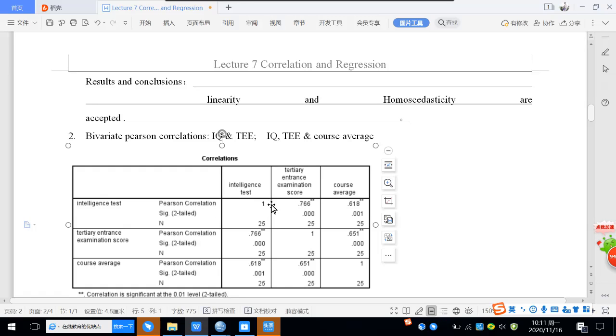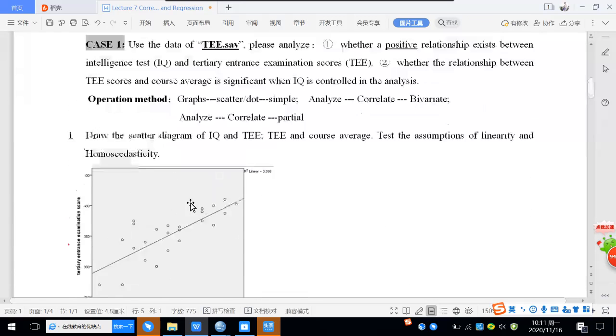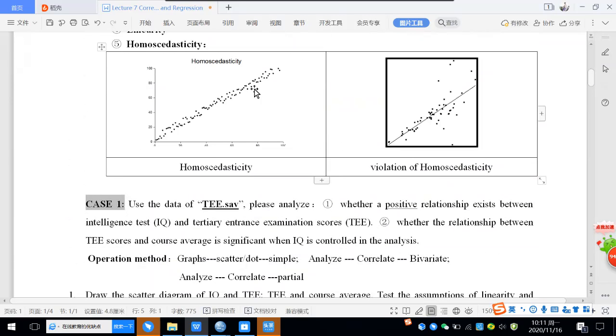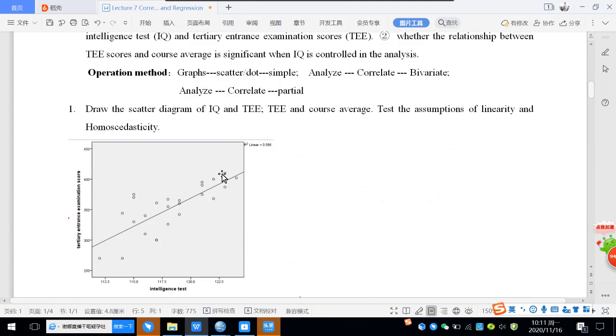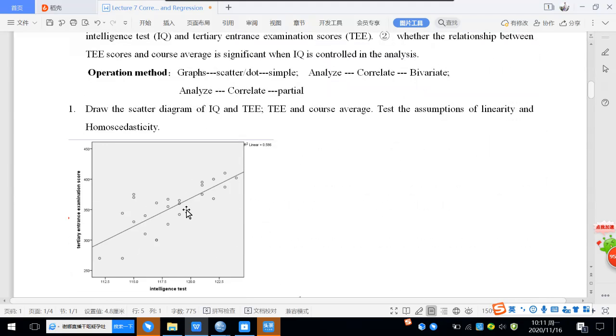So if it's close to 1, for example, look at this part and this part, this correlation will be close to 1. Why? Because all these samples are very close to this fit line, compared to these samples, which are not so close to this fit line.